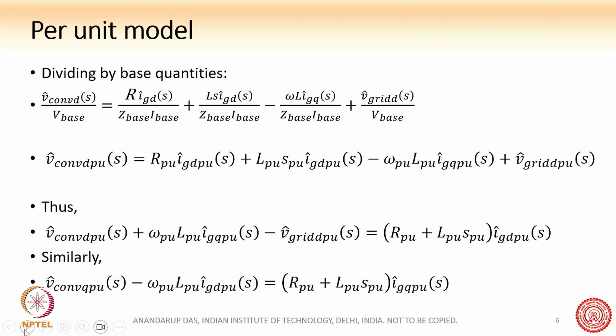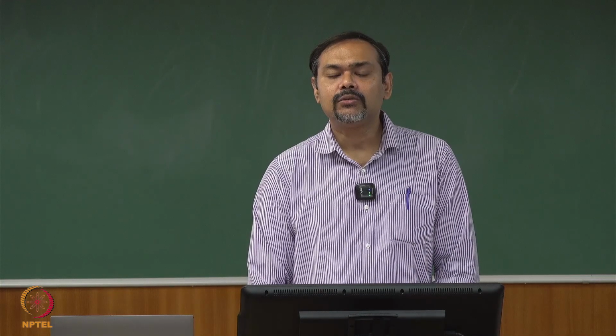For example, suppose you develop a controller inside a DSP for a certain voltage source converter rating, for example a 400 volt 10 kilowatt. After some time you may need to develop a 400 volt 50 kilowatt converter.